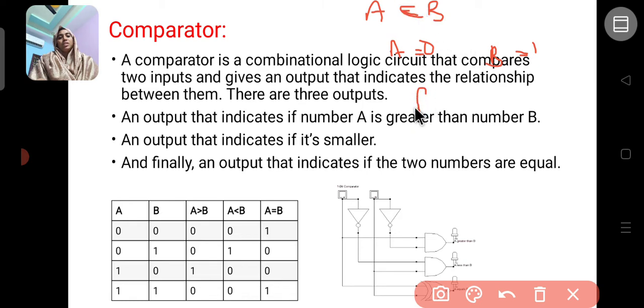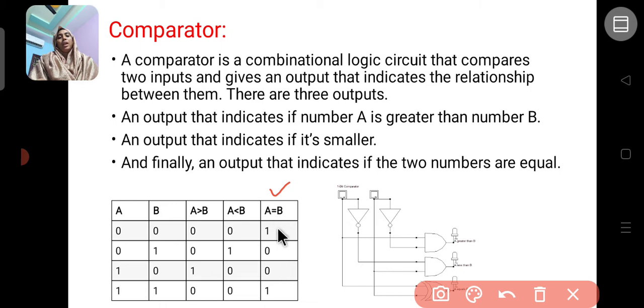So assume that this condition is F2. Then F2 equal to only one condition, the product term, which is nothing but A is 0, so A bar, B is 1, so B value is B. So this is the condition for F2. F2 is A less than B.